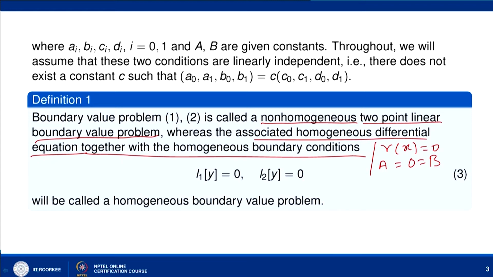So, when R x equal to 0 and A equal to B equal to 0, we call this a homogeneous boundary value problem. But if R x is non-zero and A and B are non-zero, then we call it a non-homogeneous boundary value problem. In fact, at least one of A and B has to be non-zero in a non-homogeneous boundary value problem.